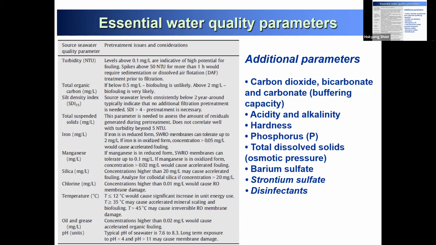So make sure your turbidity is completely removed, and then you can protect this membrane. And also total organic carbon and SDI, total suspended solids, iron, manganese, silica, chlorine, temperature, oil, grease, pH. They all affect your design of your RO membrane.